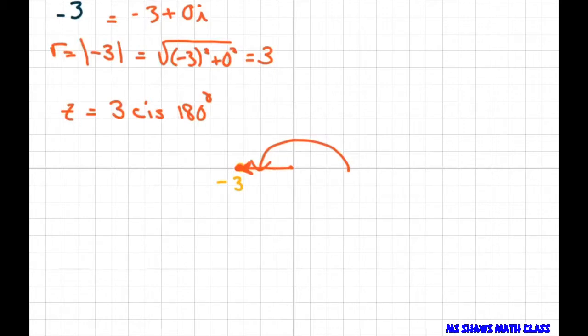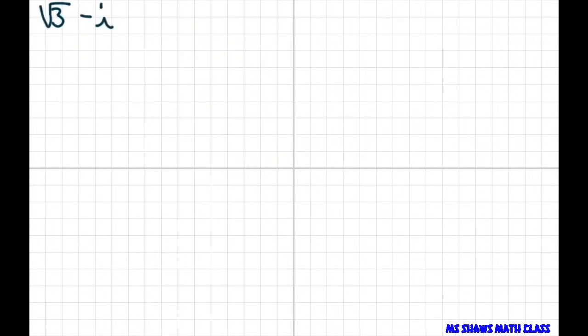And finally, the last one is this one. So if I plot this, this is your imaginary axis. This is your real. So we have square root of 3, which is about 1.73.